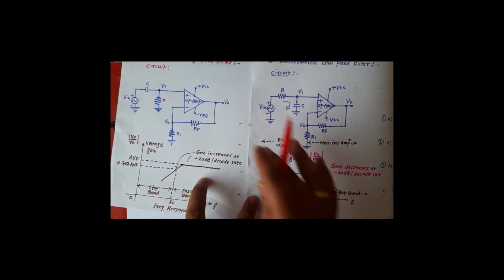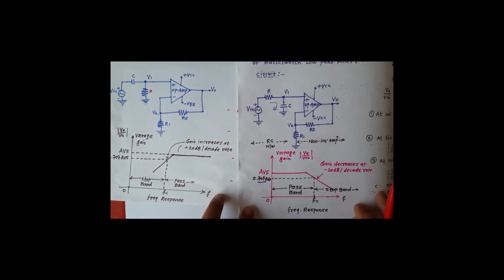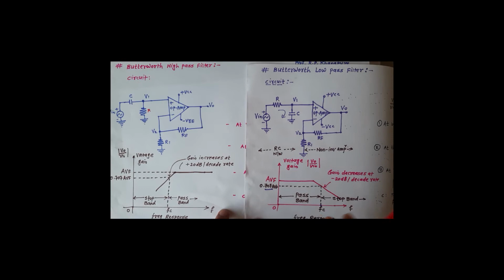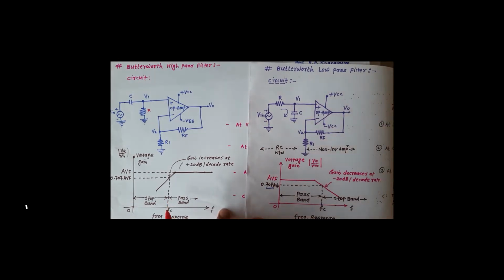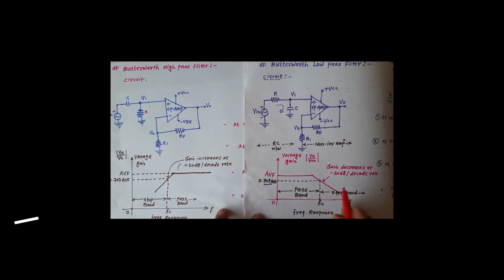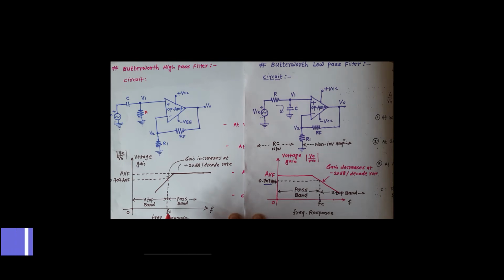Next is comparison for frequency response. This frequency response is for low pass filter and this frequency response is for high pass filter, right? Look at here carefully. In a low pass filter, here is a pass band and next is a stop band. So here is a cutoff frequency FC and here is also cutoff frequency FC, right?